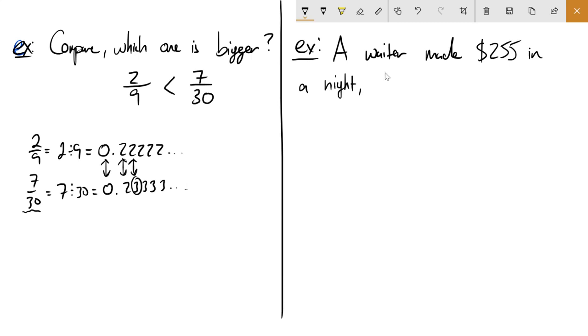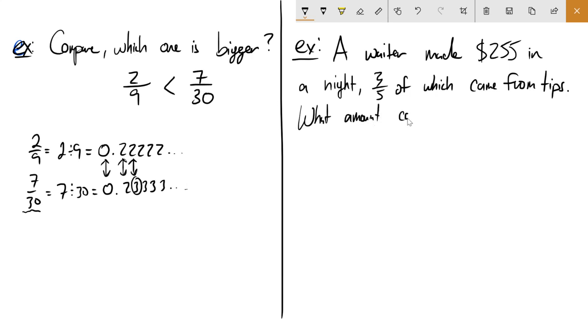And let's say 3/5 of which came from tips. Right? So then my question is, what amount came from tips?